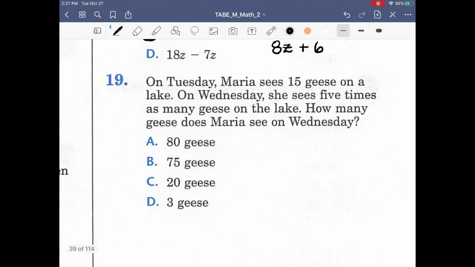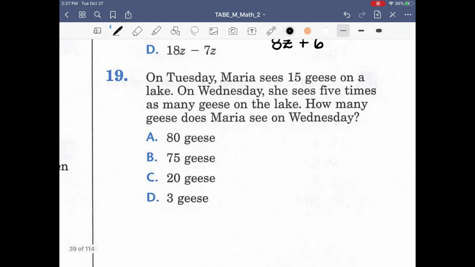Number 19. On Tuesday, Maria sees 15 geese on a lake. On Wednesday, she sees 5 times as many geese on a lake. How many geese does Maria see on Wednesday?